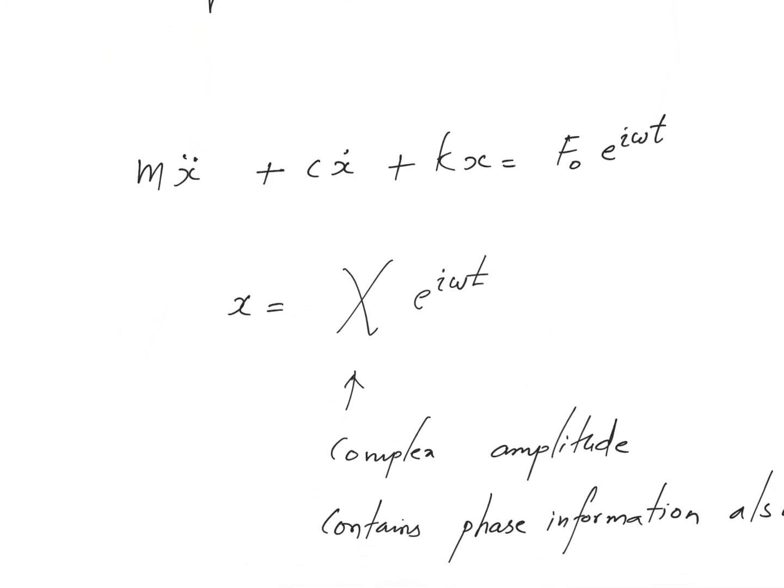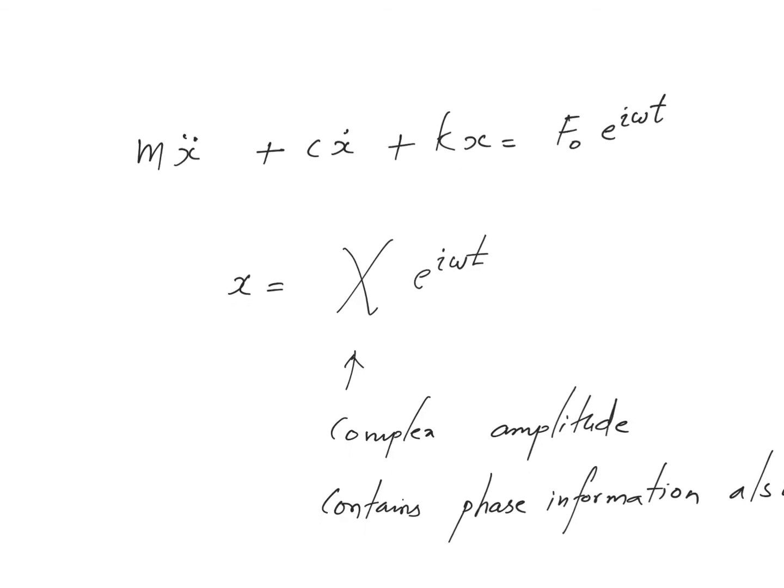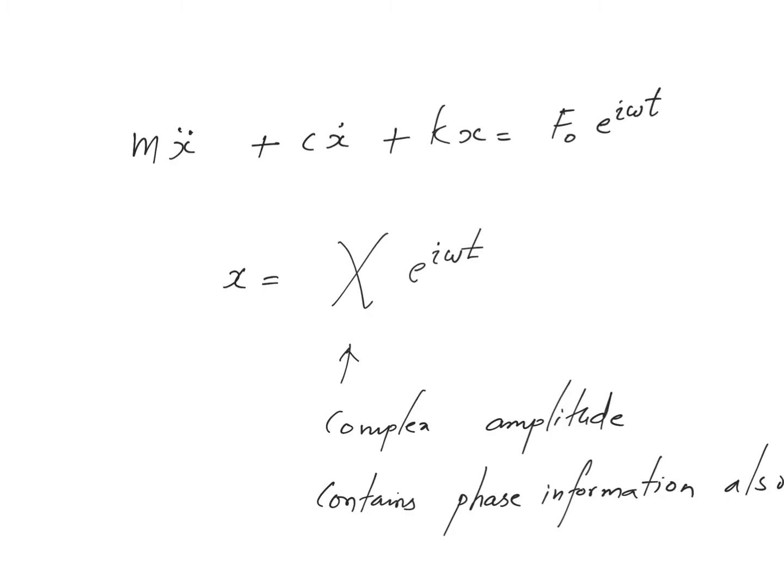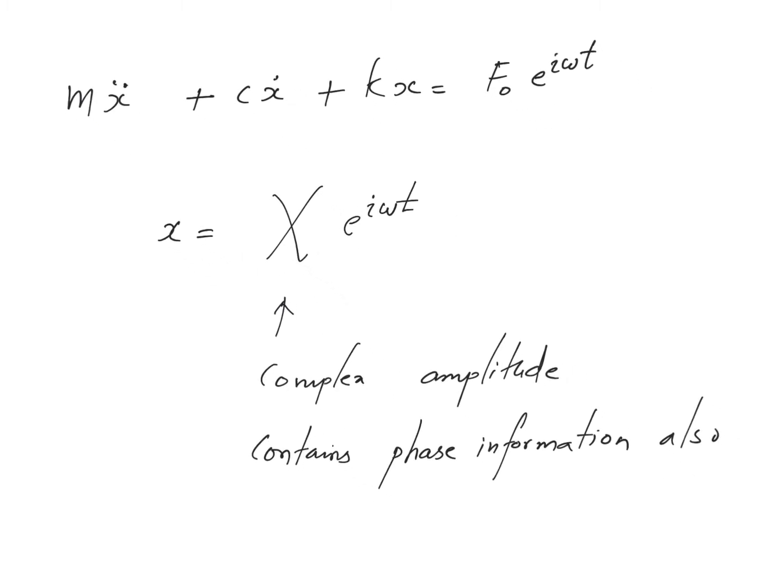It's pretty simple. This corresponds to harmonic excitation, where the frequency of excitation is capital omega. I can assume my response to vary like this. And one very important thing to remember is that you have your little x varying like this, where your capital X is your complex amplitude. It contains the phase information also, not just the amplitude information.